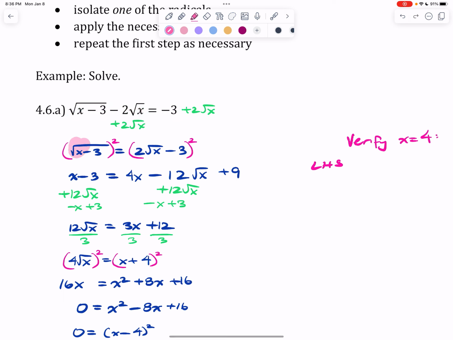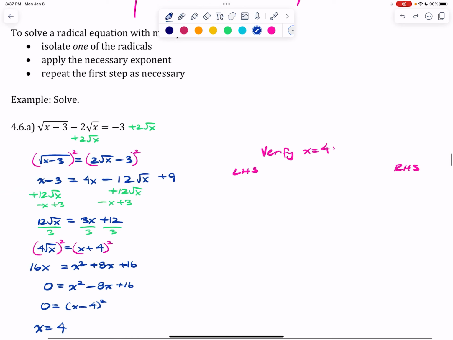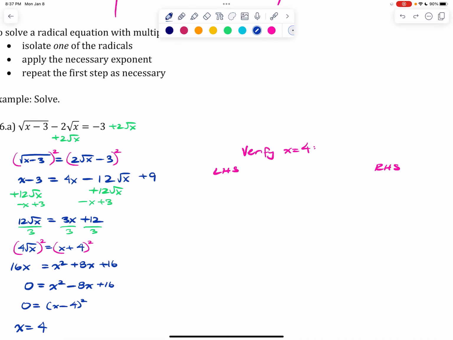You could use this version where the left side is root of x minus 3 and the right side is 2 root x minus 3, but not including these squares, because it's that squaring that has the potential to introduce an extraneous root. Best, most consistent way to proceed, always just go with the original.